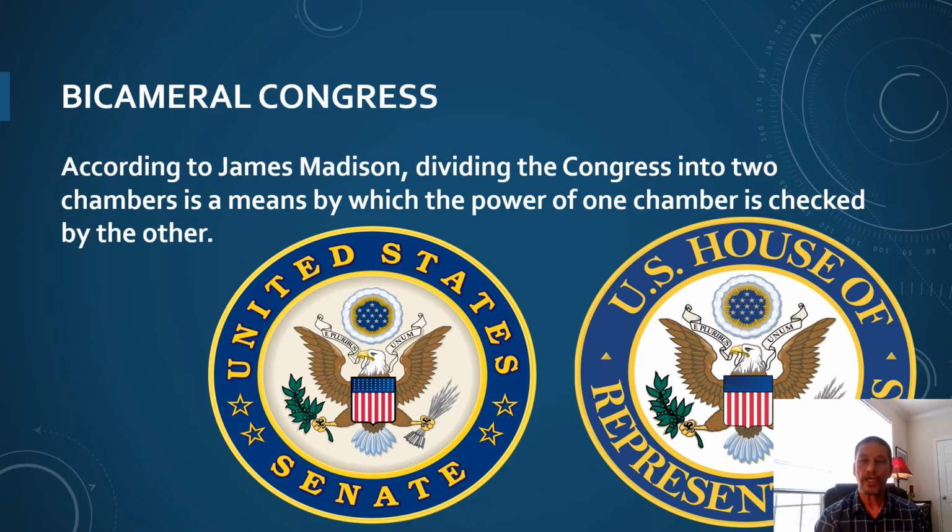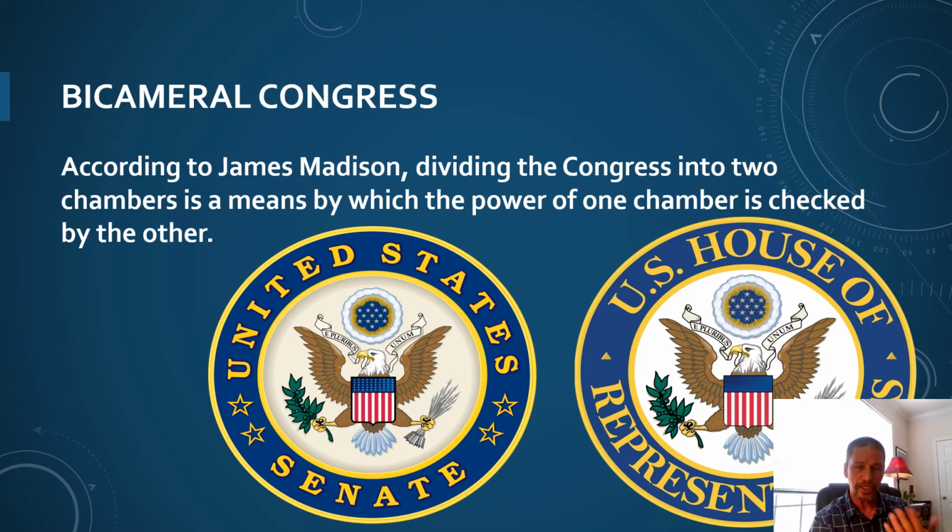Now, why two chambers? Well, you'll have to go back and take a look at what you learned in our first module, the first parts of this course, about the Virginia plan and the New Jersey plan. So really the great compromise was the creation of two different chambers, the House of Representatives and the Senate.